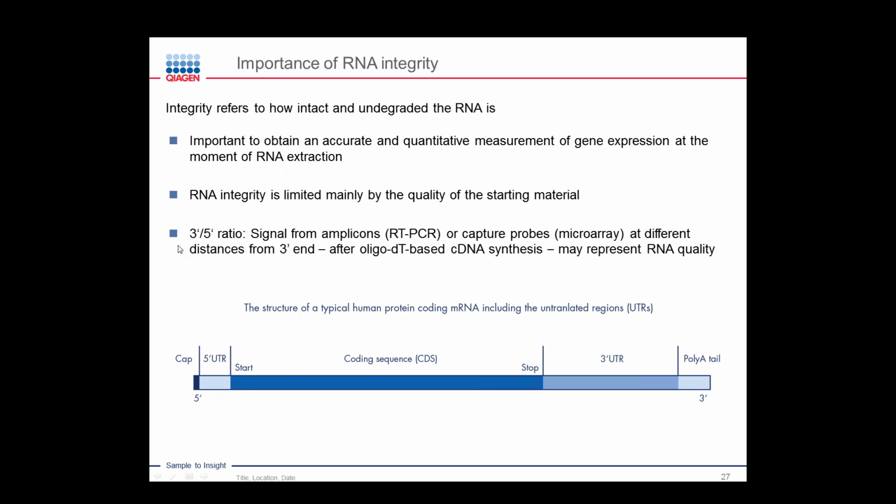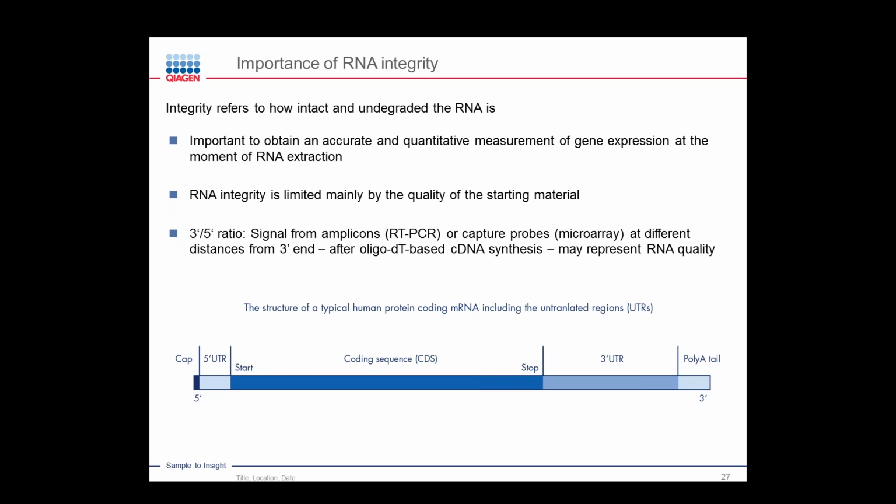The 3'-5' ratio may represent RNA quality. With this ratio, you compare signals obtained from amplicons, for instance, generated with RT-PCR or with capture probes using a microarray at different distances from the 3' end. For instance, here, here, and here. A PCR reaction of intact RNA will result in roughly equal signals for all amplicons for the target mRNA.